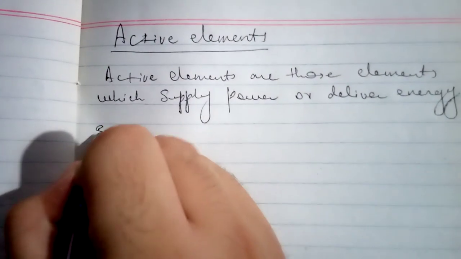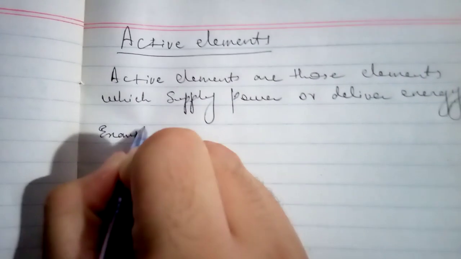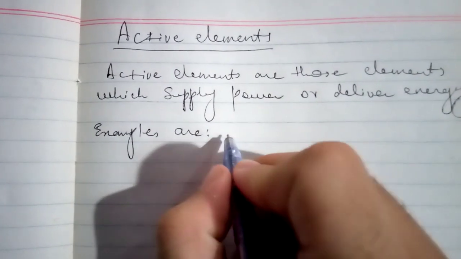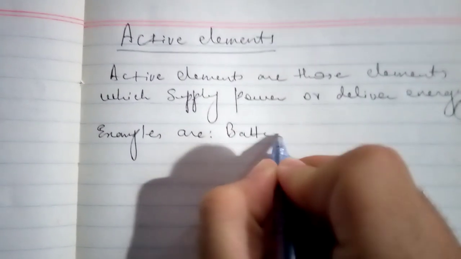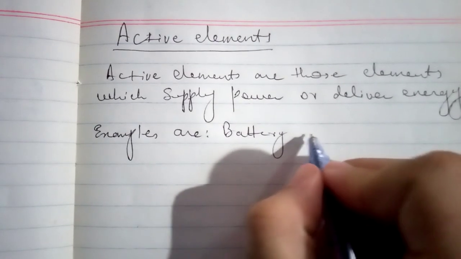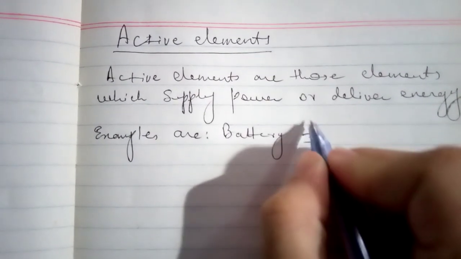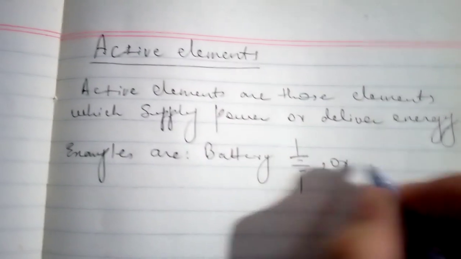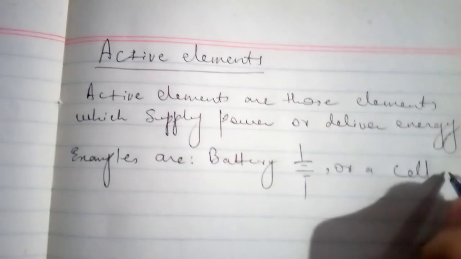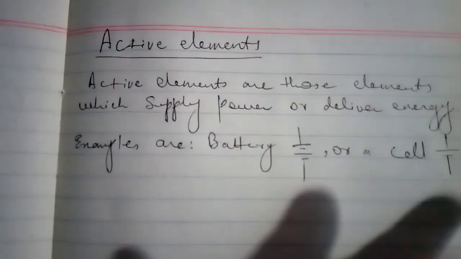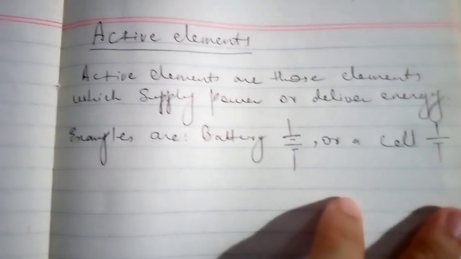So examples are battery. Symbol of battery is like this, or a cell. Symbol of cell is like this. Multiple cells make a battery.